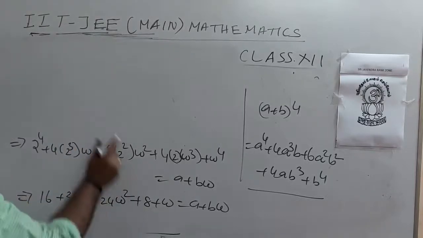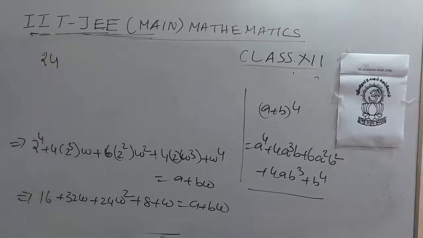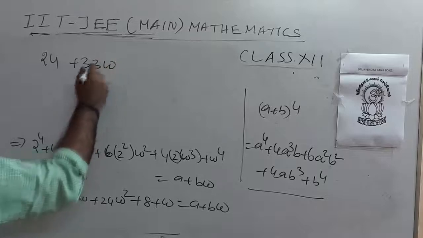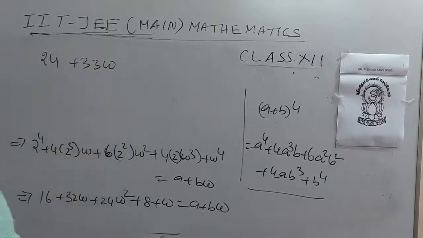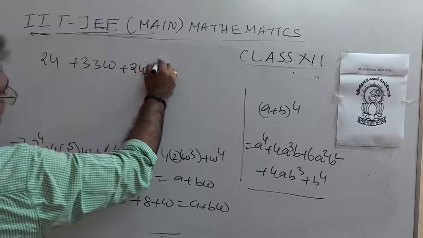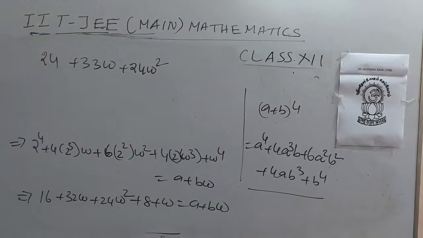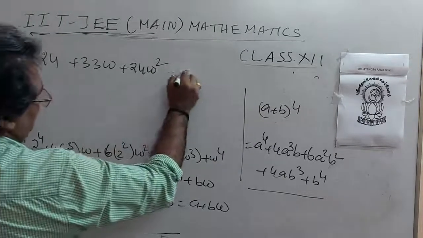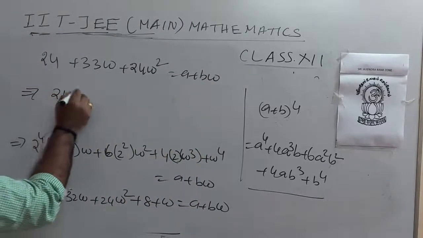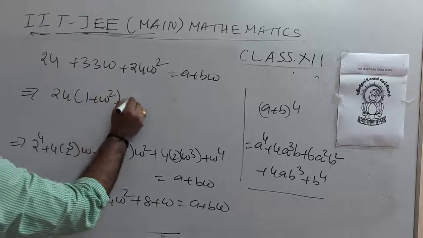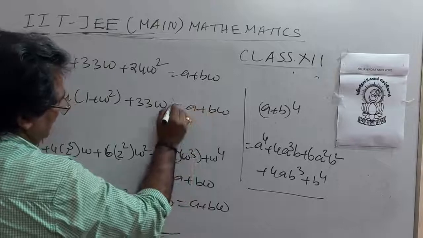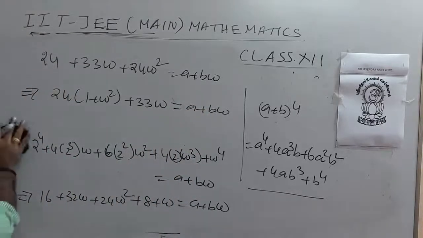So 16 plus 8 is 24, 32 omega plus omega, 33 omega, and here 24 omega squared, equal to a plus b omega. You take 24 in common: 24 into (1 plus omega squared) plus 33 omega equal to a plus b omega.